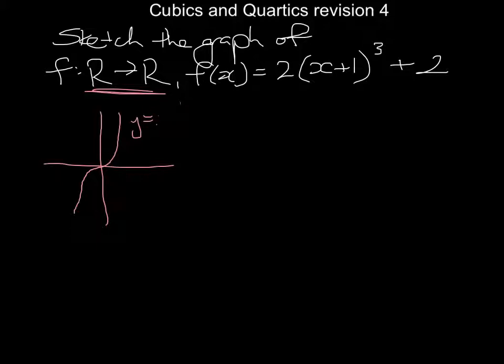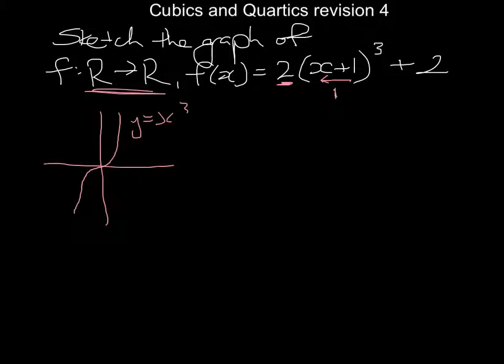Fix up that x a bit. Looking at the equation that we have, the 2 out the front here is our dilation factor. It'll dilate it by a factor of 2 from the x-axis. Inside the bracket we have a translation. This will shift it to the left by 1.